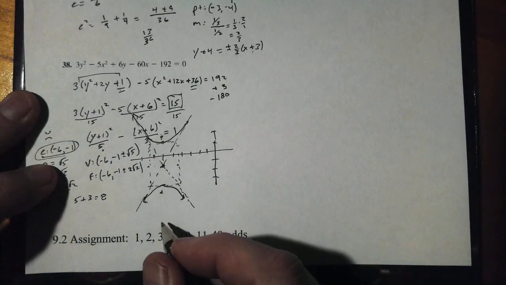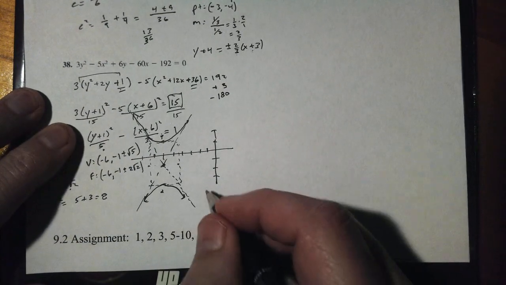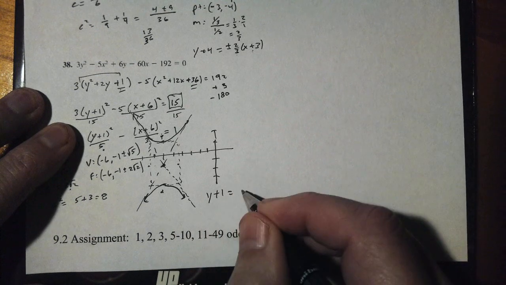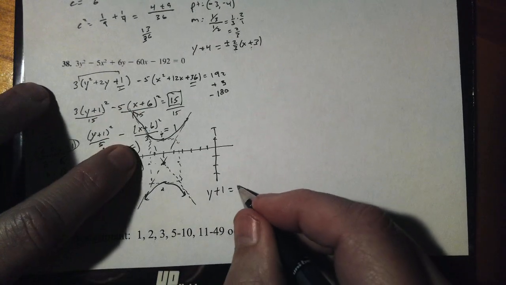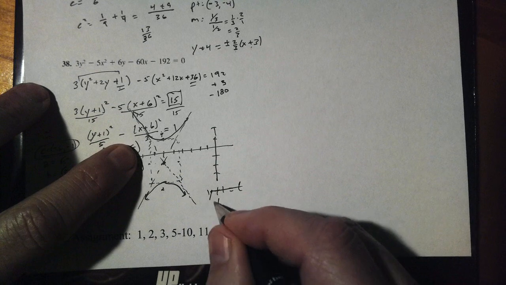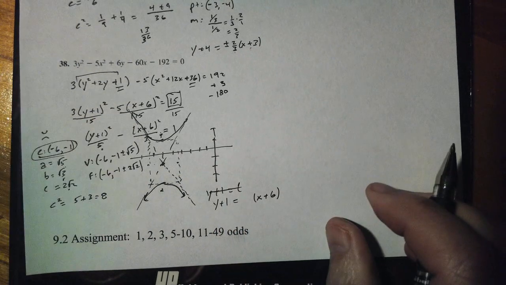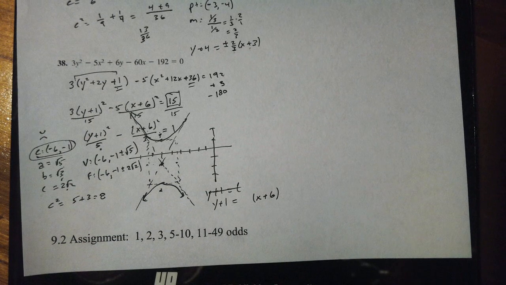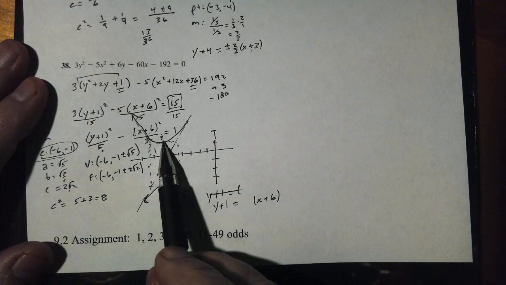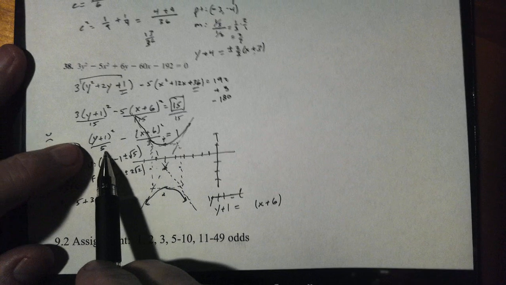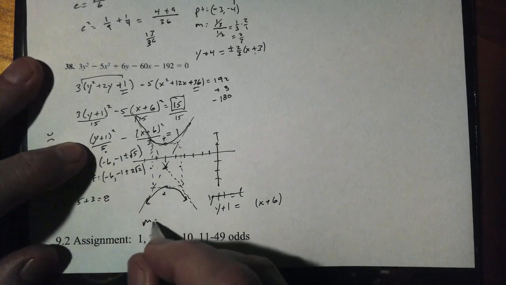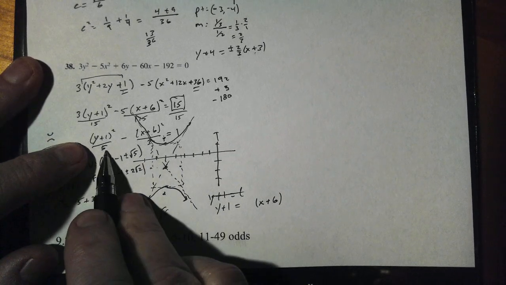So this is going to be y plus 1 equals something times x plus 6. Just need my slope, and my slope is rise over run. My rise is square root of 5.